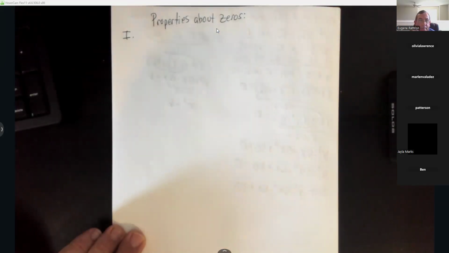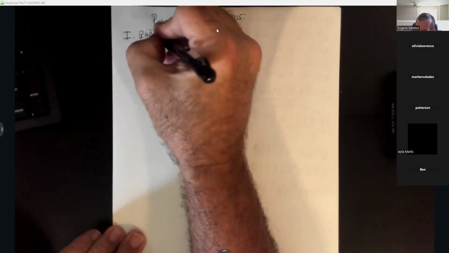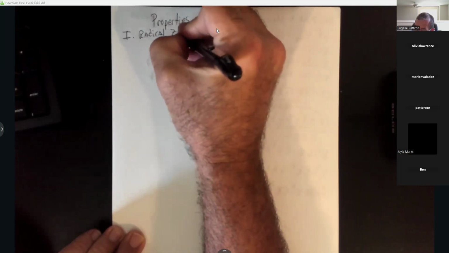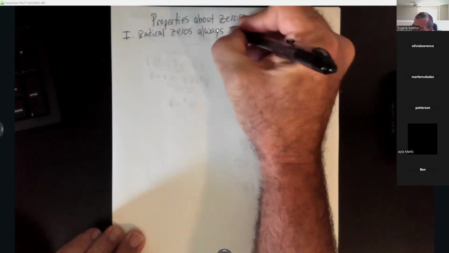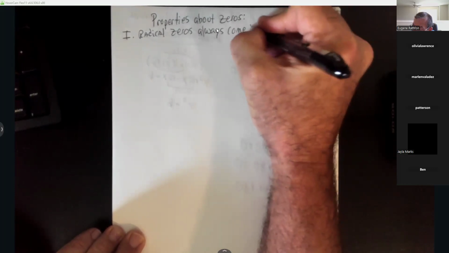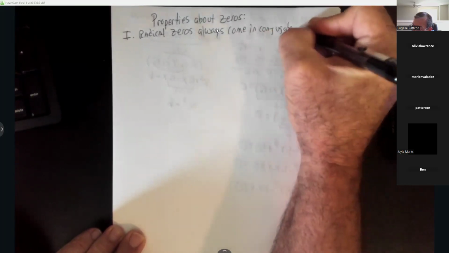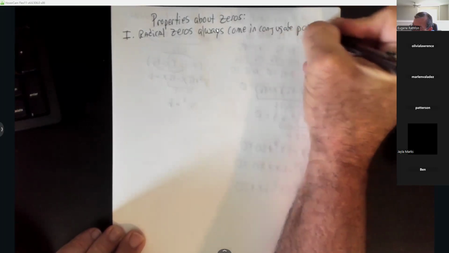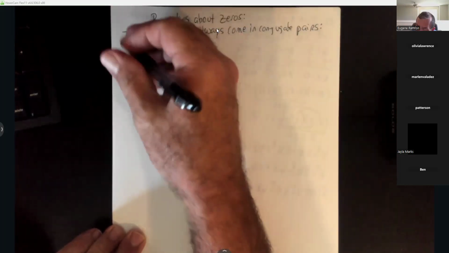So the first property, radical zeros always come in conjugate pairs. So radical zeros always come in conjugate pairs.